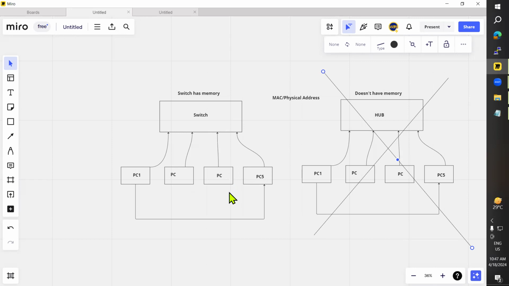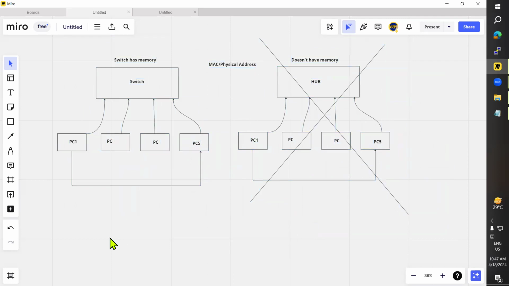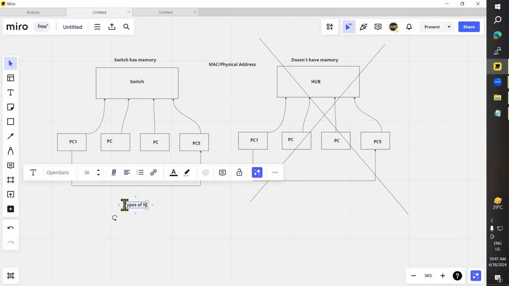Okay. So yesterday we had a discussion about types of networks. So what are the types of networks?